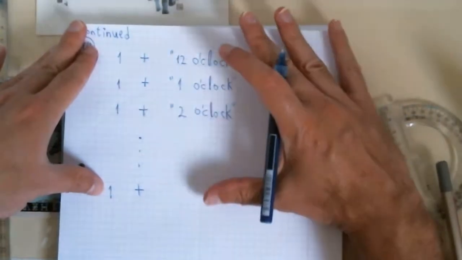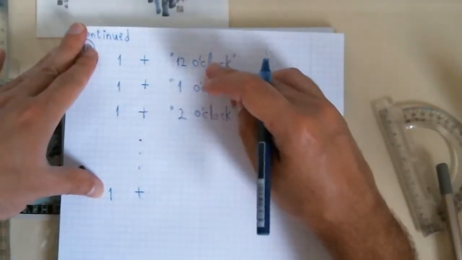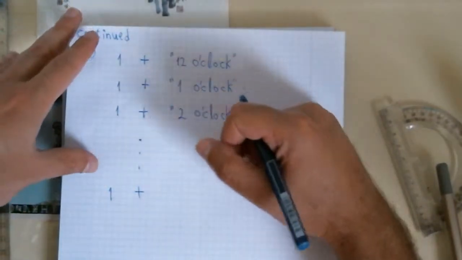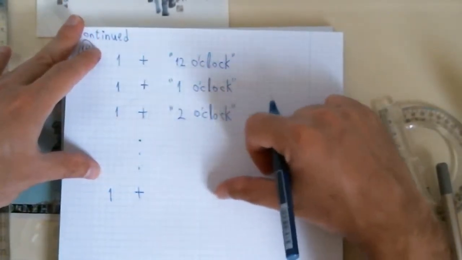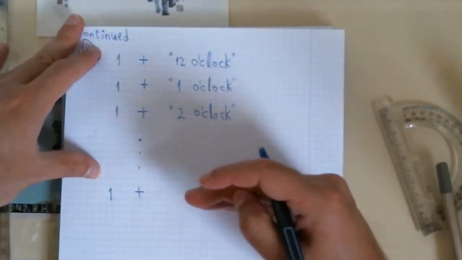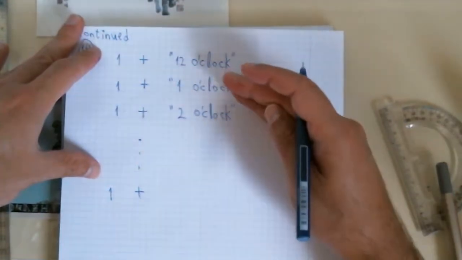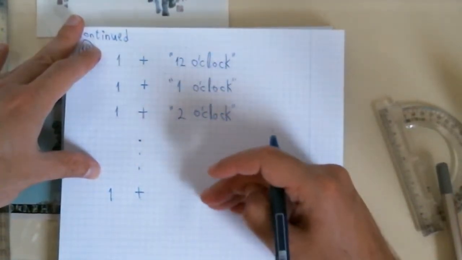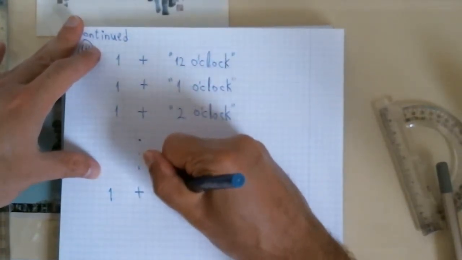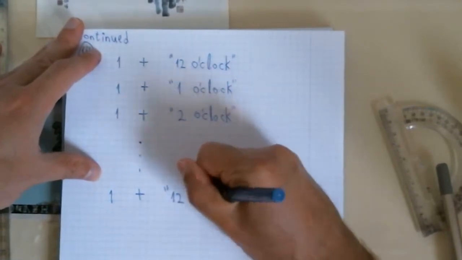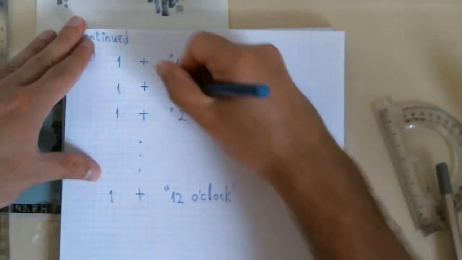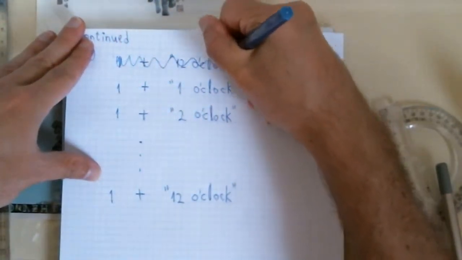It's the same calculation, but it makes more sense to write 1, 2, 3, 4, 5, 6, 7, 8, 9, 10, 11, 12, and not 12, 1, 2, 3, 4, 5, 6 until 11. It will be the same. So I'm just writing the 12 o'clock at the end, and erasing it from here.